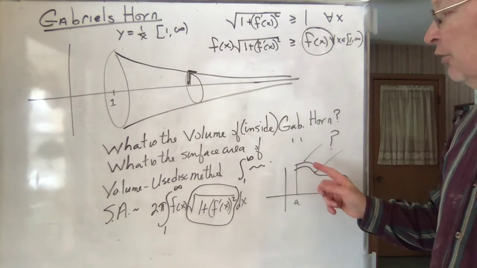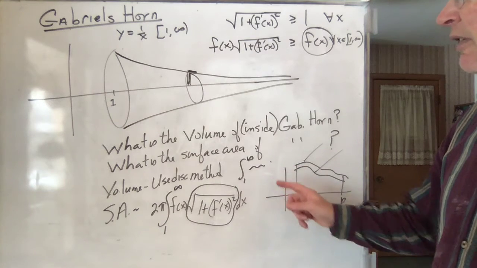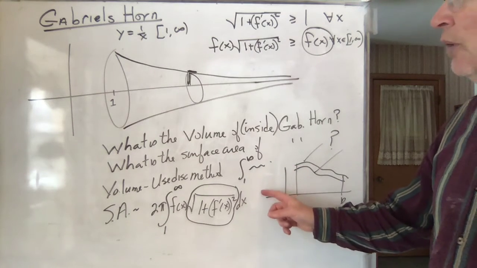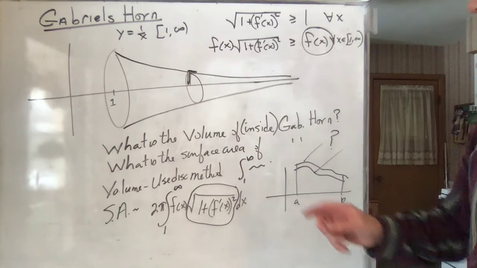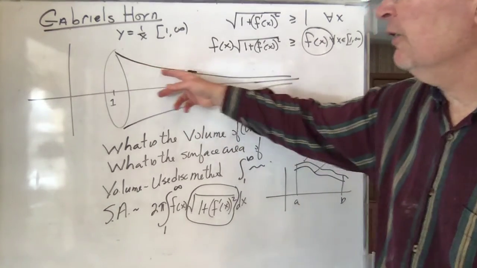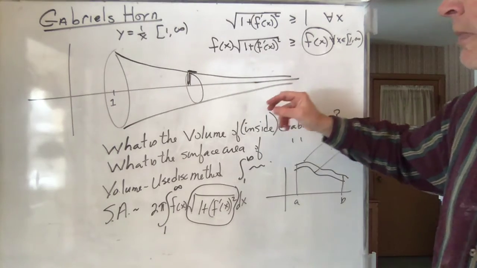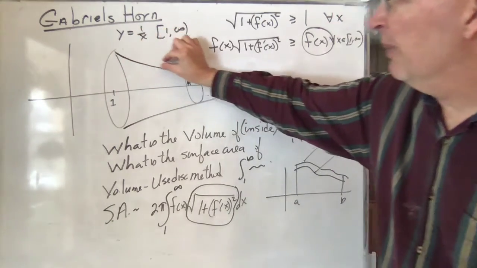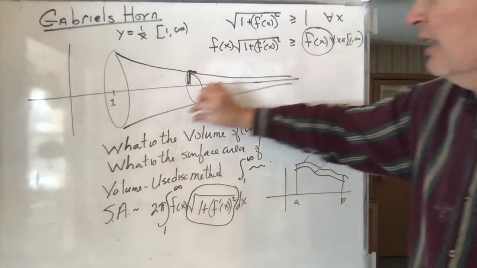But given that, you have to be able to give an answer to this. What if someone says to you, how is that possible? Because if I were to paint something with an infinite surface area, it would take me an infinite amount of paint to paint it. If I have a nice uniform layer of paint over that whole thing, it's certainly going to take an infinite amount of paint.